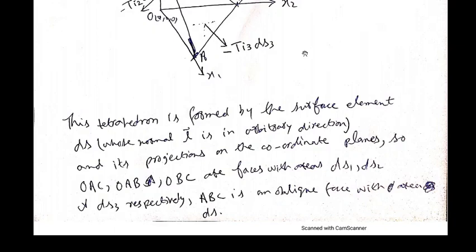If you imagine the tetrahedron, then you will see that their normals will be in the opposite direction. Suppose that your projection is in the x2 and x3 plane, then its normal will be in the outward minus x1 direction. After imagining this tetrahedron you can understand this thing.